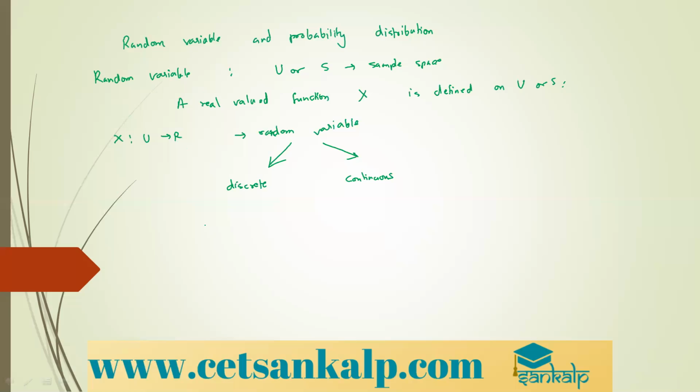What is discrete random variable? In this function, the range is finite set or infinite sequence of real numbers. Then we call discrete random variable.